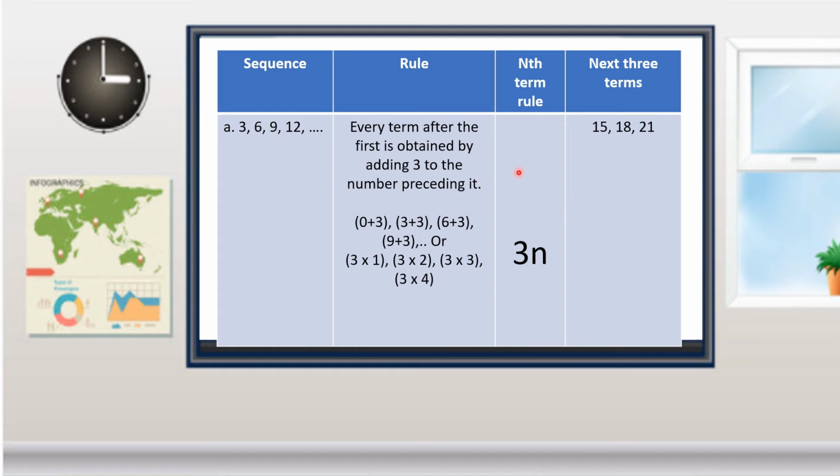So as you can see, 3n means 3 times n, or the number you're going to multiply with it. So we have 3 times 1 is 3, 3 times 2 is 6, 3 times 3 is 9, 3 times 4 is 12. So 3 times 5 is 15, 3 times 6 is 18, and 3 times 7 is 21.